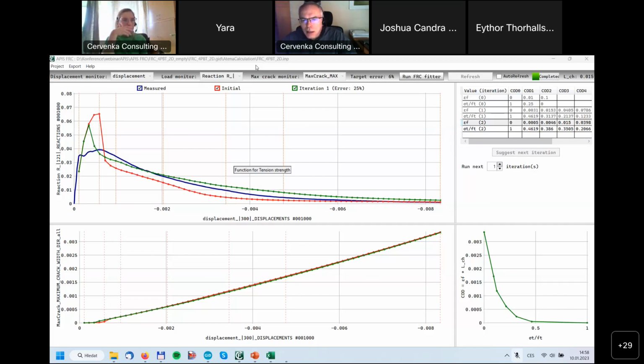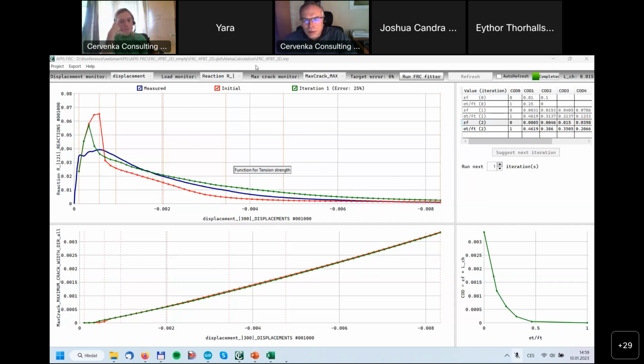But on the other hand, it doesn't matter. So this horizontal axis, this displacement, can be anything. You can have this diagram, the reaction versus displacement.